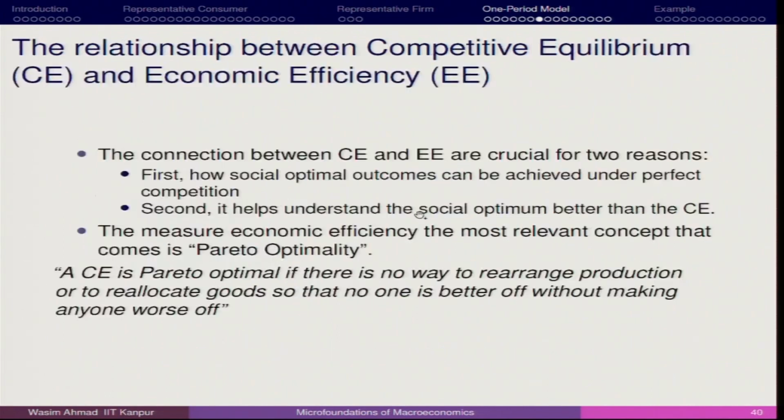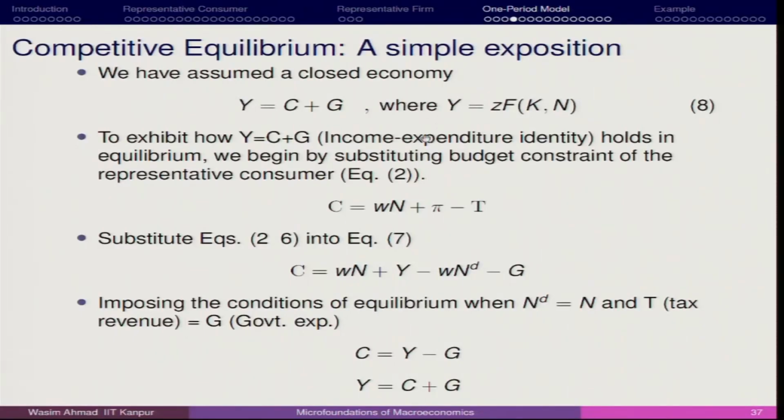I will be stopping here. In the next session we will be talking about the inference. But for you, the most critical part is to understand this: when we assumed the closed economy, y is equal to C plus G, and when we introduced the representative consumer, whatever we had assumed, and then introduced production, which means the representative form with these two playing a role, how we are deriving the closed economy setup y is equal to C plus G. The rest of the things are static phenomena.